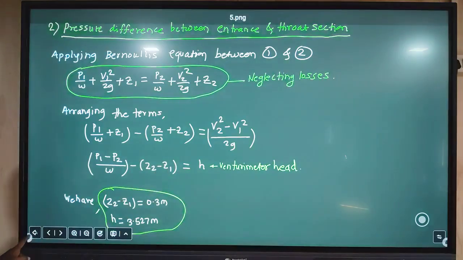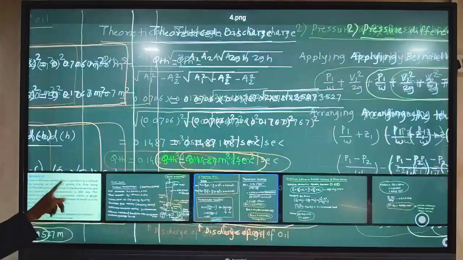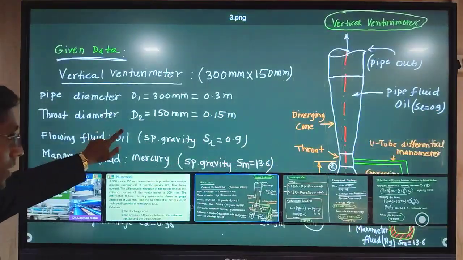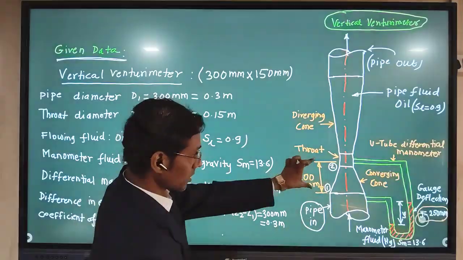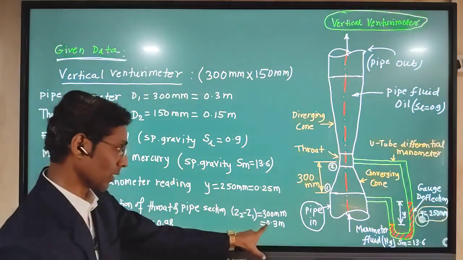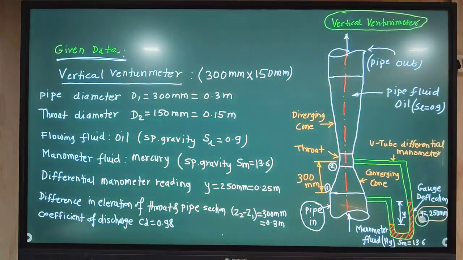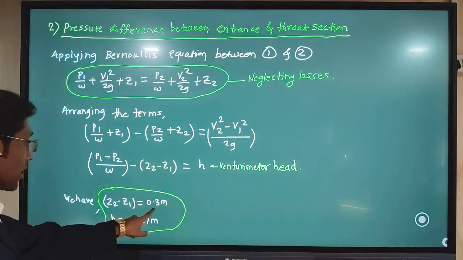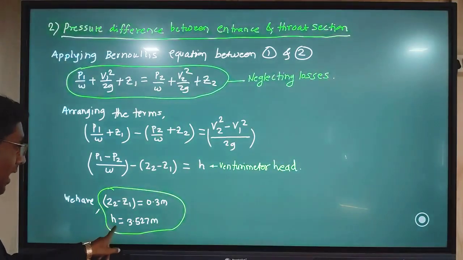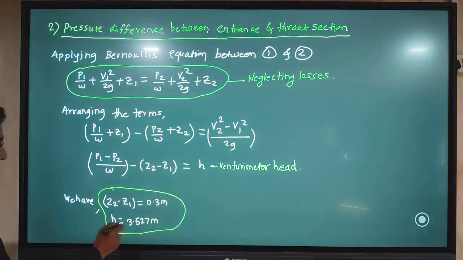That is what we have seen in the last diagram, between sections 2 and 1, this difference Z2 minus Z1 is 0.3 meter. And H we have calculated as the head, by using the formula. The value we have got is written here.